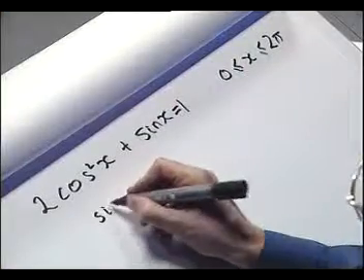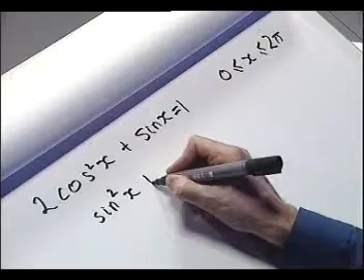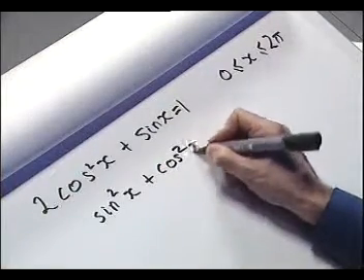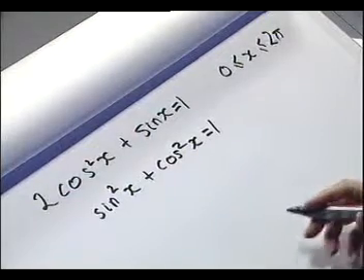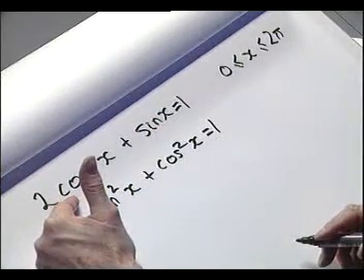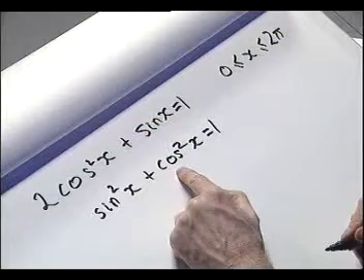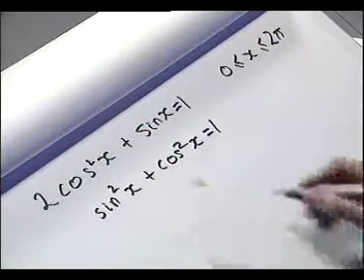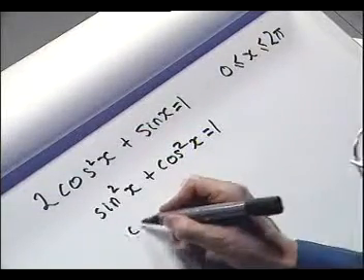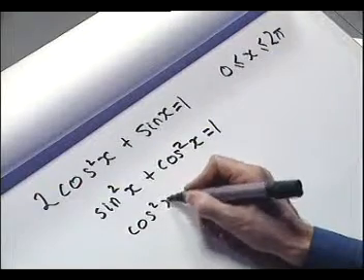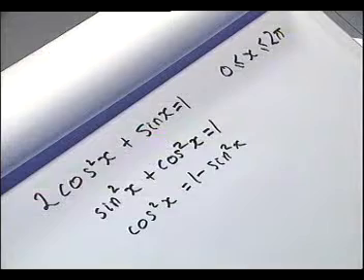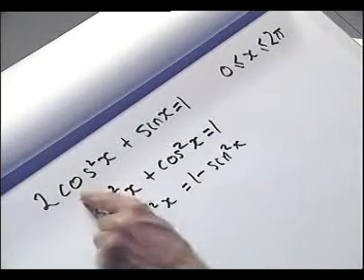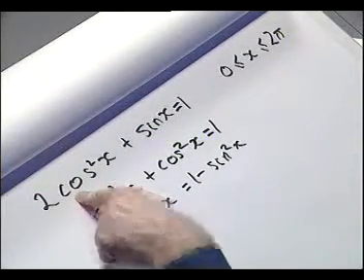We've got cos's and sines, so the identity that we're going to want to help us will be sine squared x plus cos squared x equals 1. Let's use this identity to tell us that cos squared x is equal to 1 minus sine squared x, and make the replacement up here for cos squared.